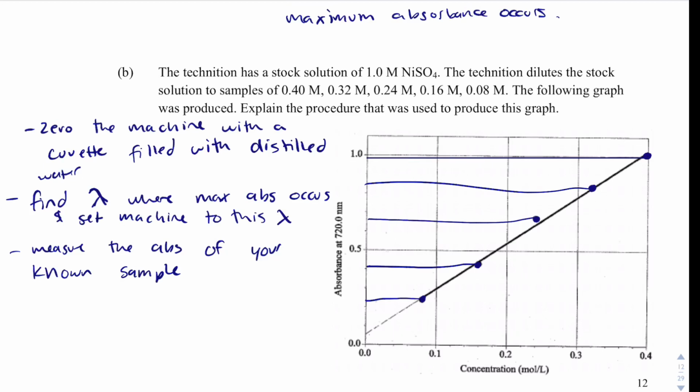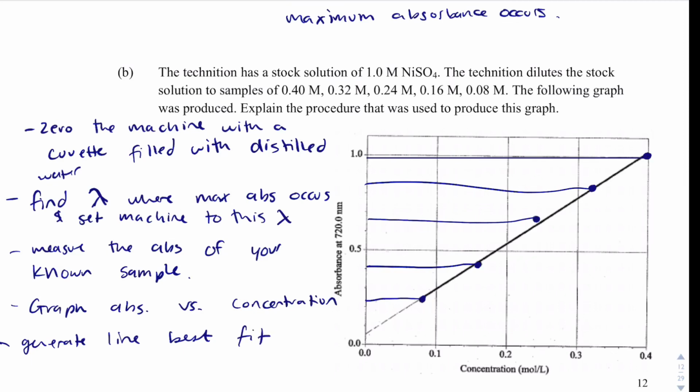Okay. Measure the absorbance of your known samples. We're going to graph absorbance versus concentration. We're going to generate a line of best fit. And now we have this graph.